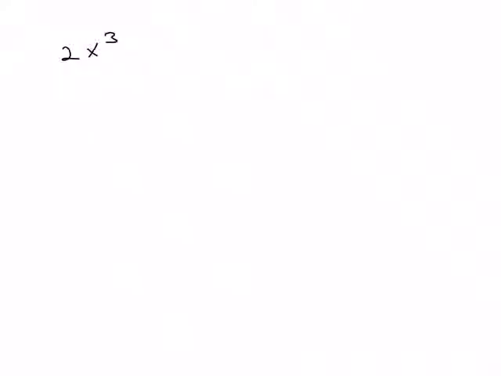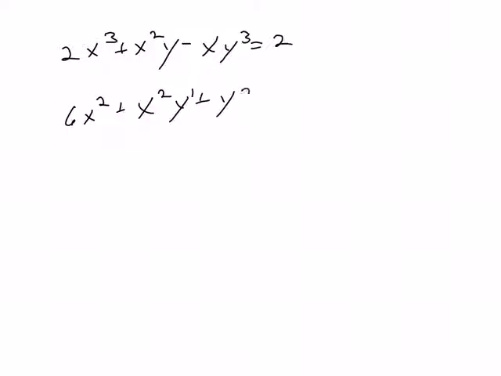2x to the third power plus x squared y minus x y to the third is equal to 2. Let's do this using a different notation. So this will be 6x squared plus x squared y prime plus y 2x, right? So again, this, and then we take the derivative of that, and then plus that, and then we take the derivative of that.